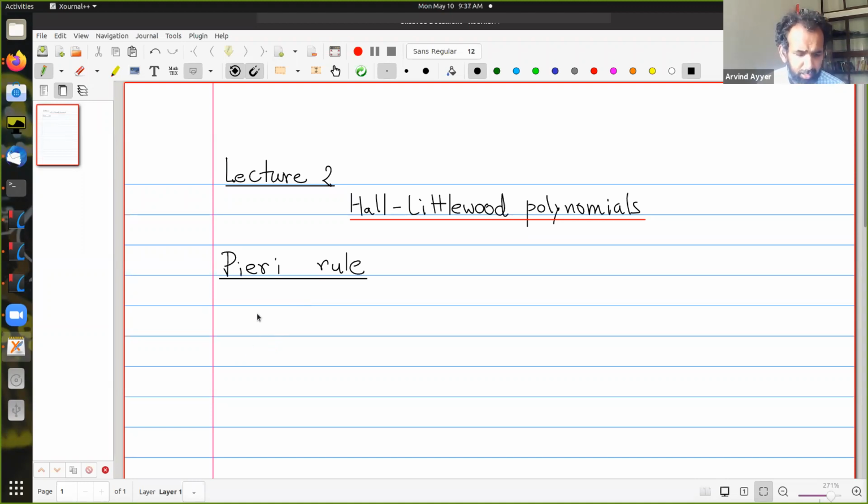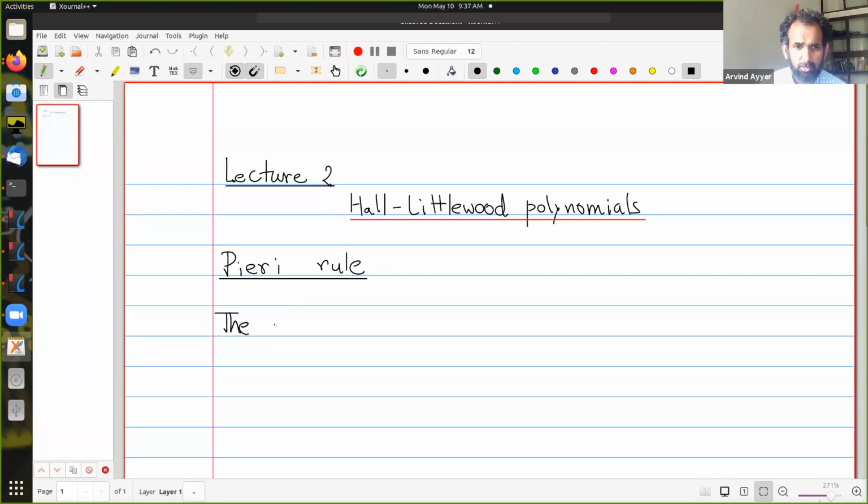So analogously, there is a formula for Hall-Littlewood symmetric functions. So let me just set some notation.